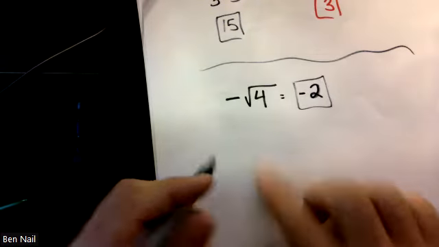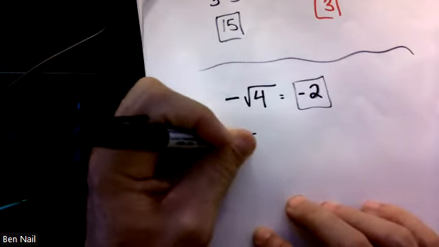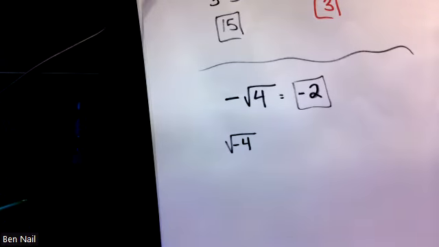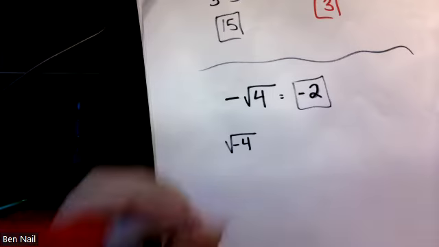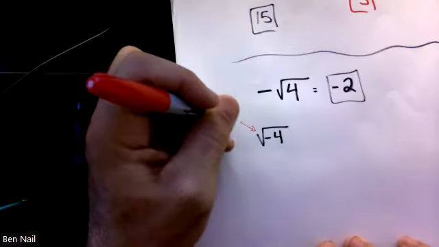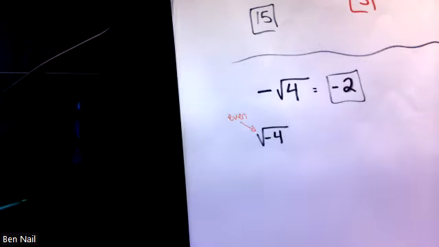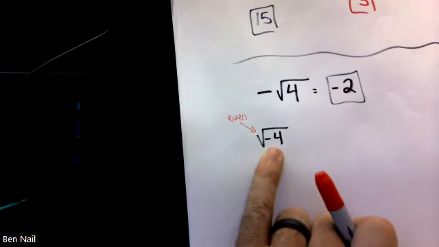If they put the negative inside the radical, that causes some issues. If your radical has an even index, like a square root or a 4th root or a 6th root or an 8th root, then we do not have a number in our real number system that will multiply to get a negative number.